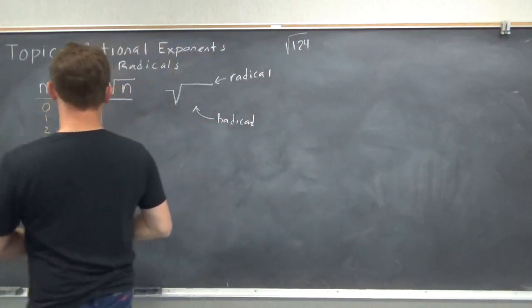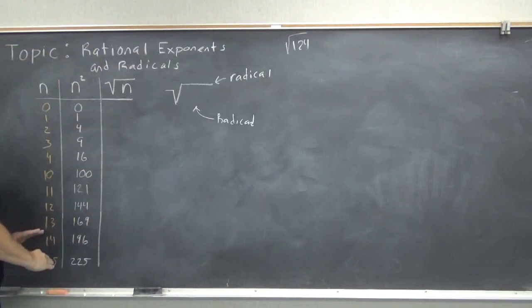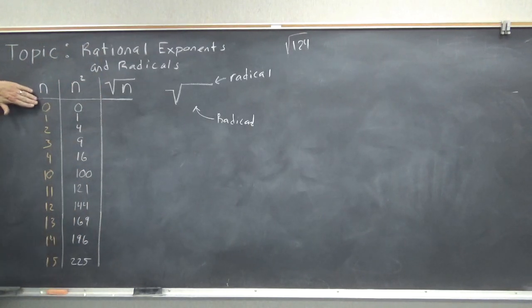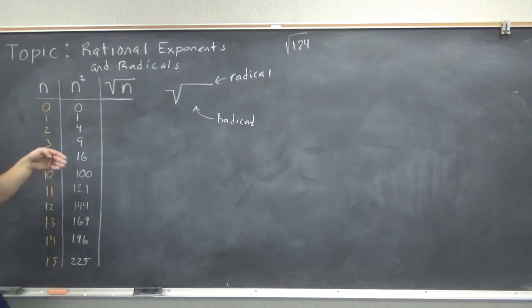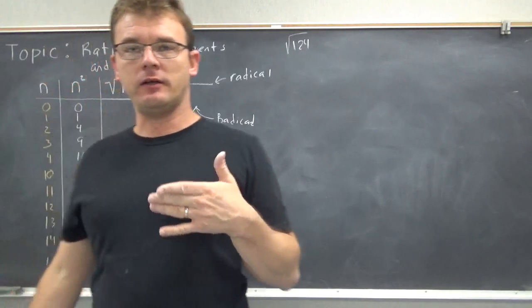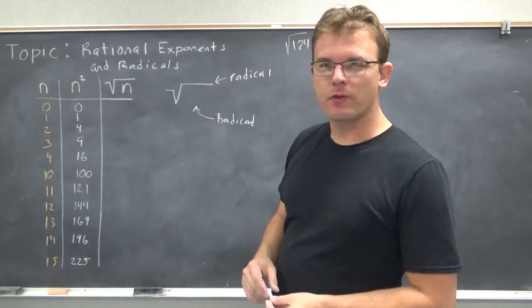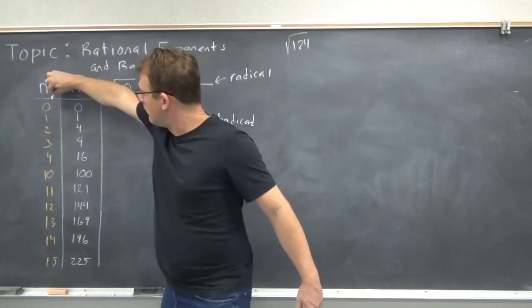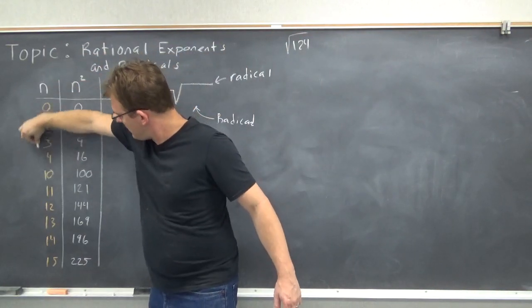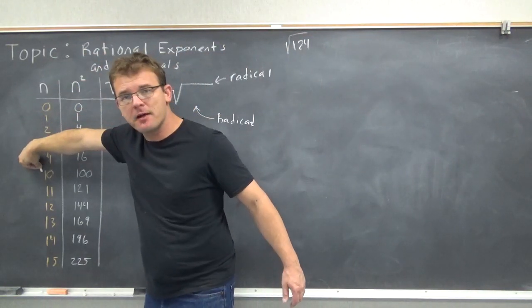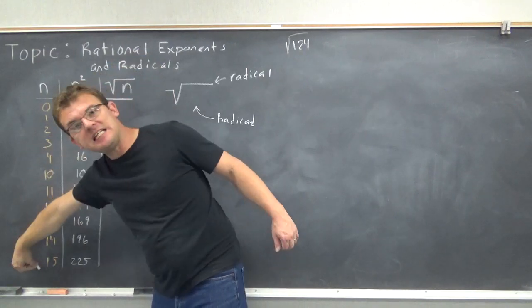So when you make a table like this, I want you to look at these numbers, 0 to 4. I don't want to throw so many numbers at you, so I'm going to skip some numbers and then go 10 to 15.